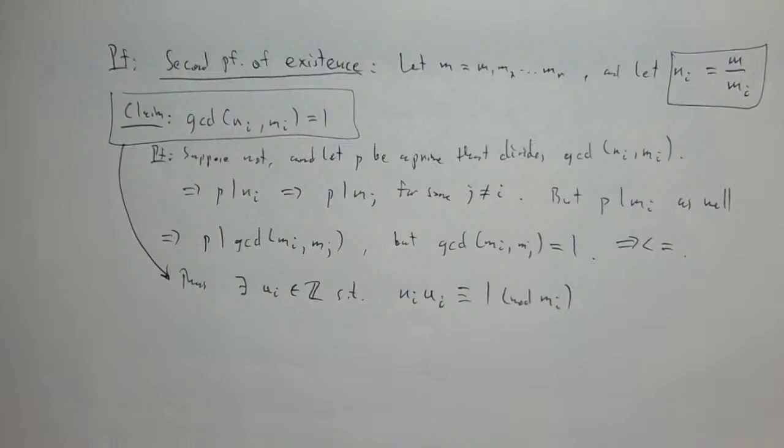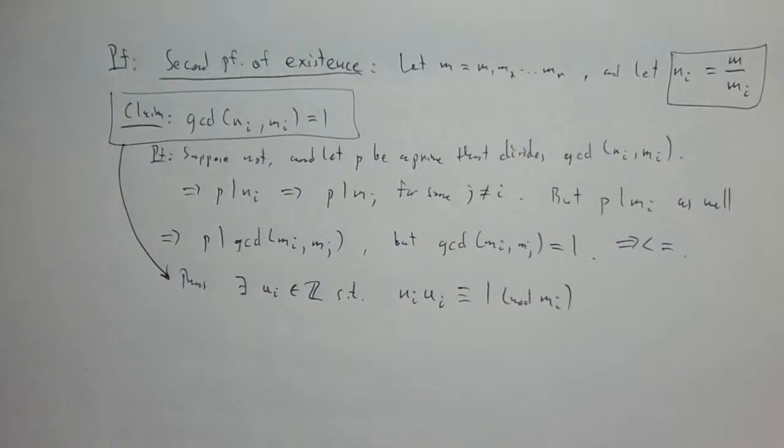Why? This is simply a statement that follows. It's one of those corollaries from the big theorem 6.18. Theorem 6.18 is the theorem that tells you about solving linear congruences.